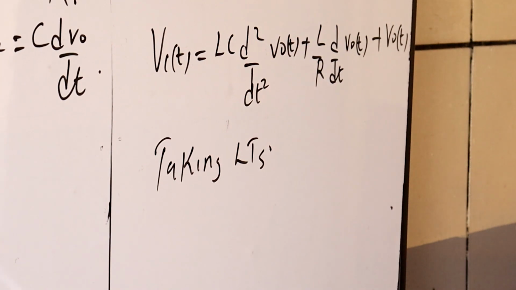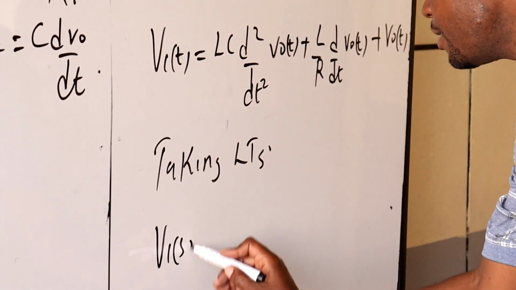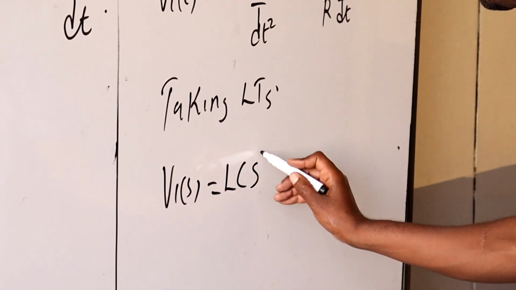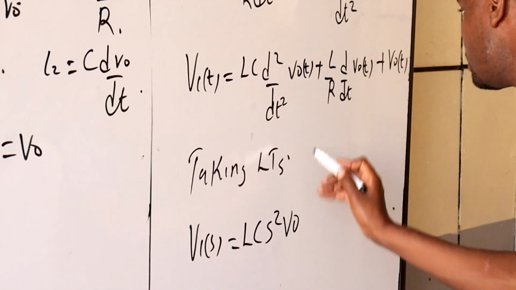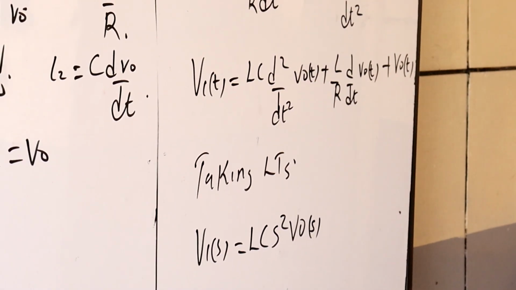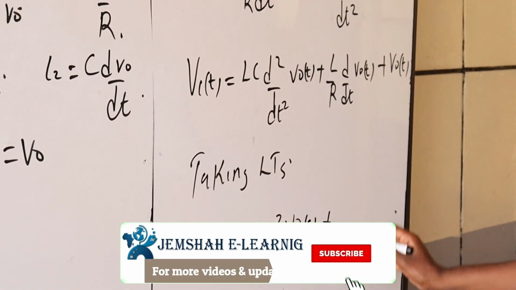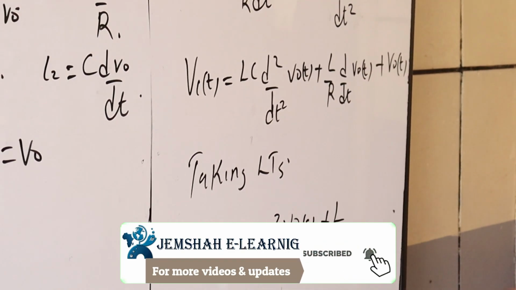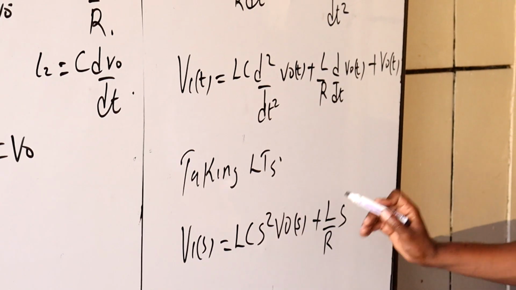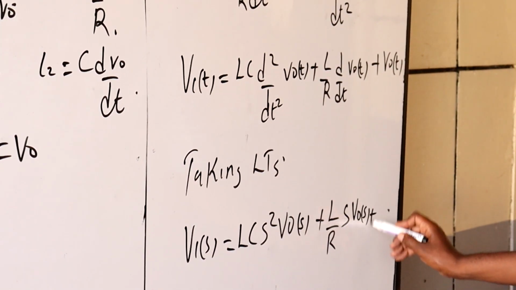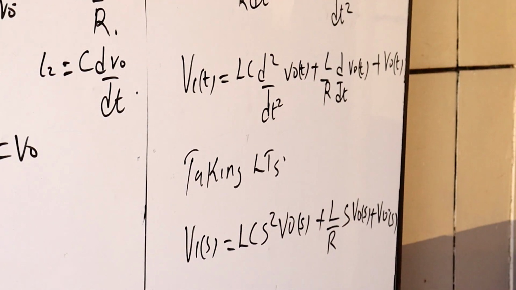Therefore, we can now say Vi of s is going to be L C s squared V out of s plus L all over R, that d dt becomes s V out also of s, plus V out of s.